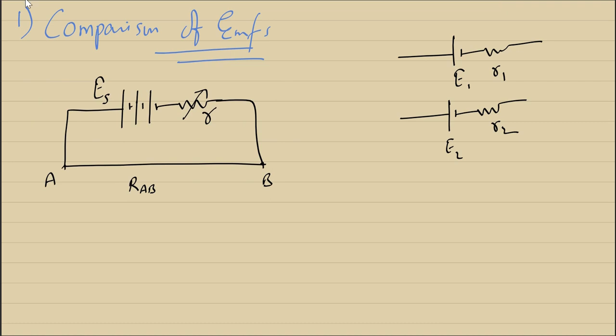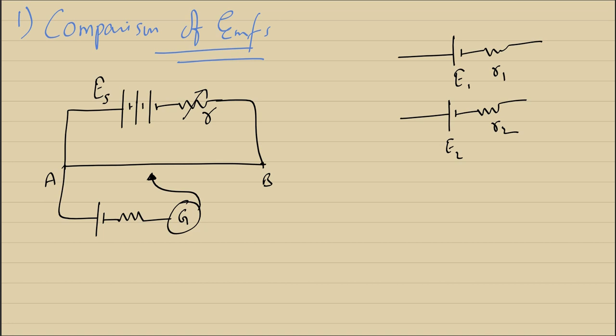Now pay attention, we connect one cell at a time with the help of a wire, and we also connect a galvanometer and a jockey in place. This arrow is the symbol for a jockey, which we will use to find the null point eventually.